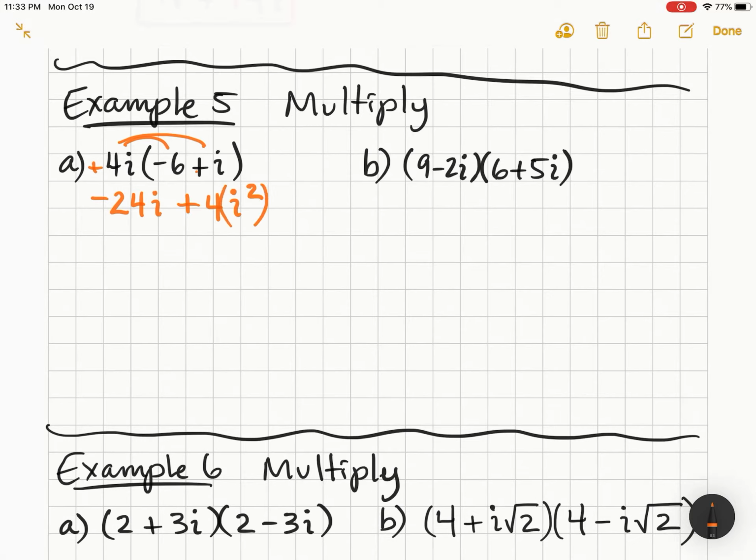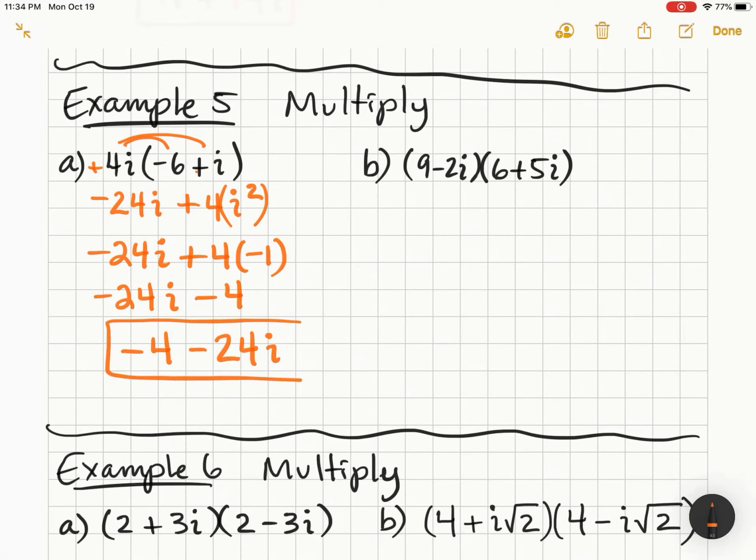So I'm going to take the i squared out and put negative 1 in its place. And right here, multiply by negative 1. So I'm looking at a negative 24i minus 4. But hopefully you notice right away that's not in standard form. You want the real part first and then the imaginary part. All of these math rules.